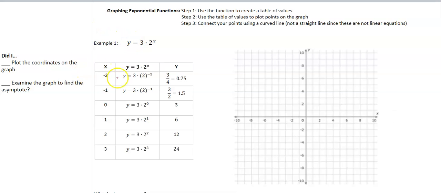So I can go ahead, x is negative 2, y is 0.75, x is negative 1, and y is 1.5. We have x is equal to 0 and y is equal to 3.